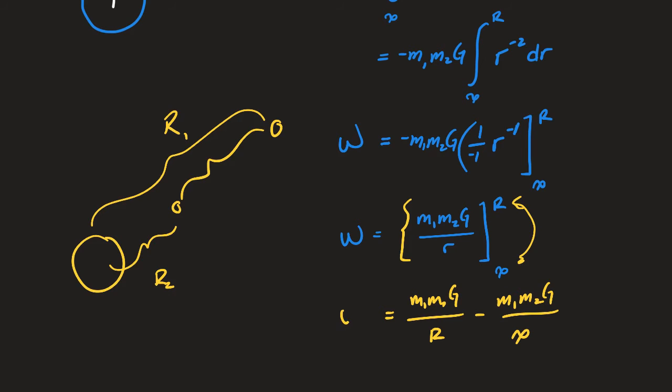And this is the work done in getting it there. By definition, the limit as this term goes to infinity is going to make that 0, leaving us with the result: the work done in moving an object from one location to another, starting at infinity, is m1, m2, G over r.